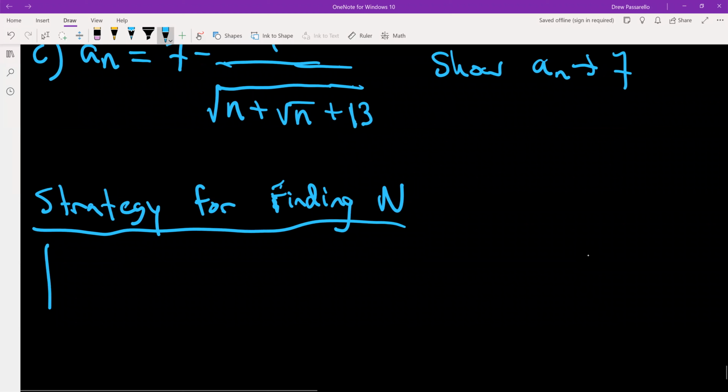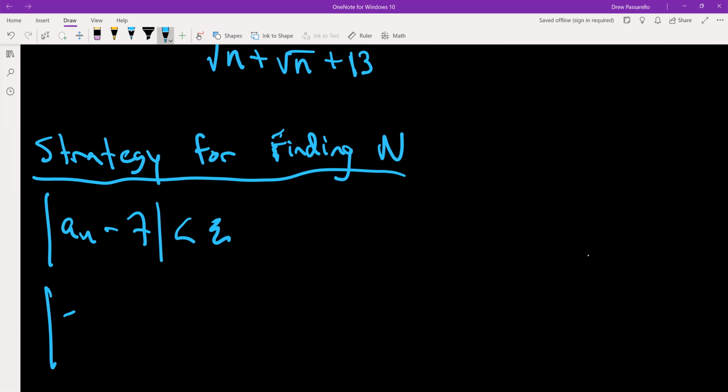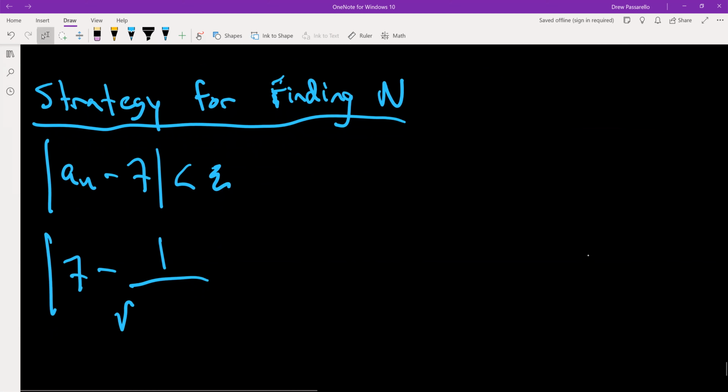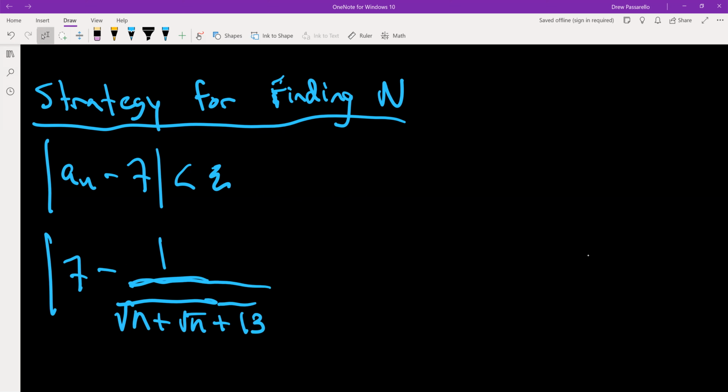All right, so we need the absolute value of our sequence an minus 7 to be less than epsilon, where our sequence an is 7 minus 1 over the square root of all that stuff, and then that's going to be minus 7.